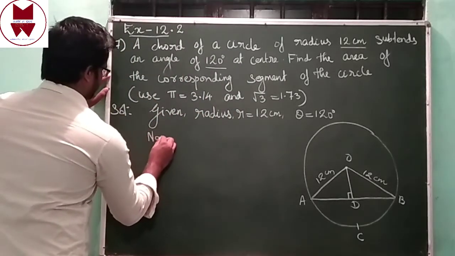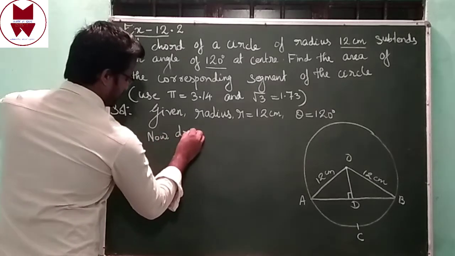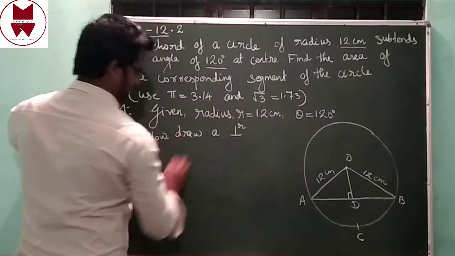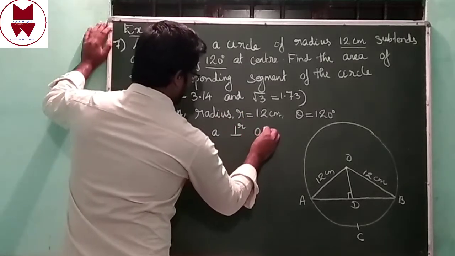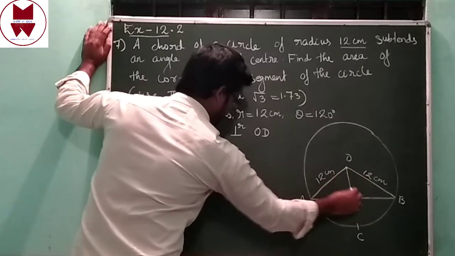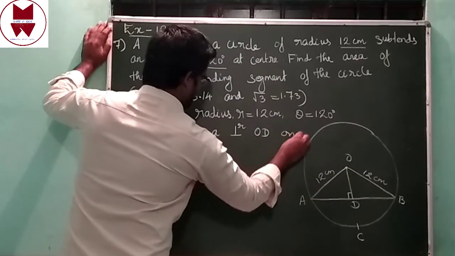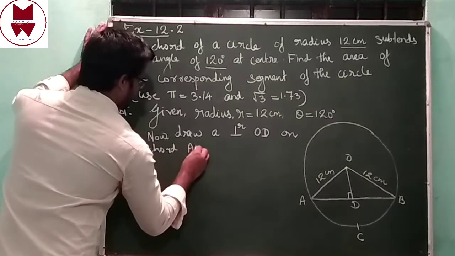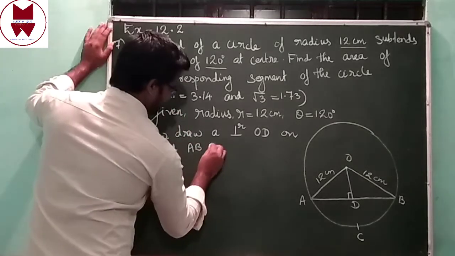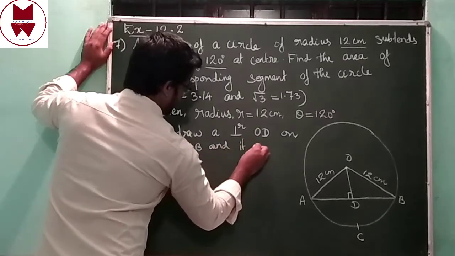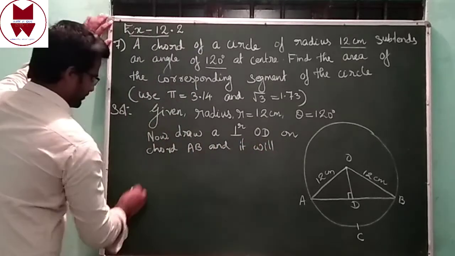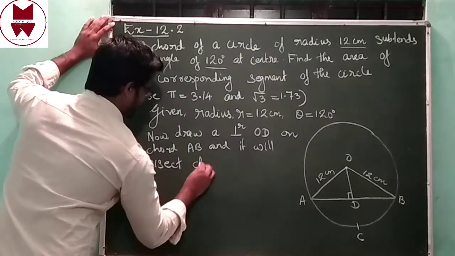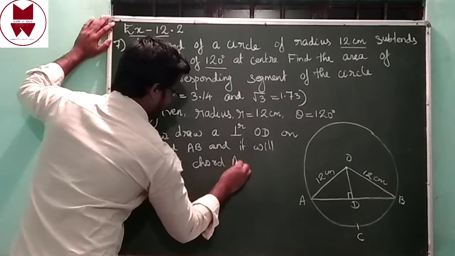Now draw a perpendicular OD on chord AB, and it will bisect chord AB.